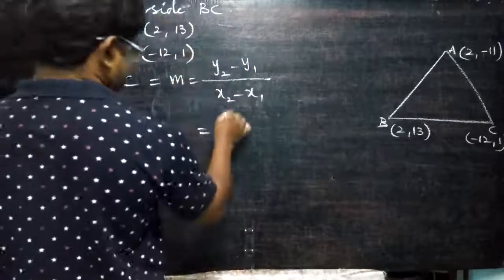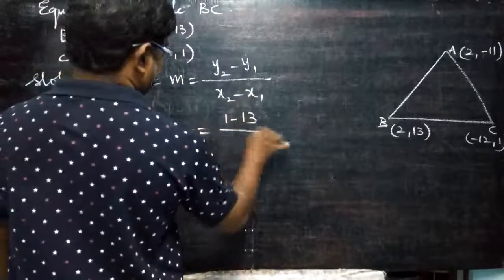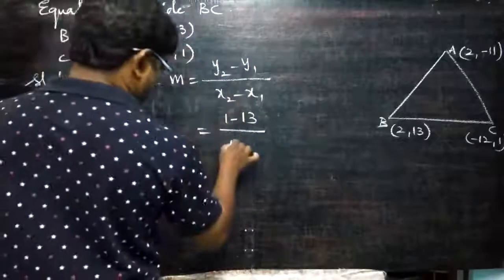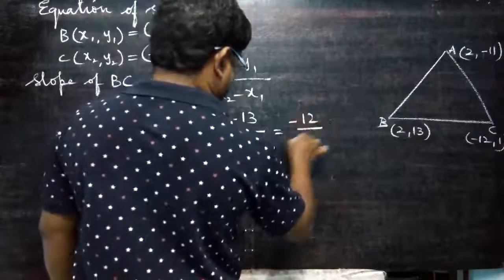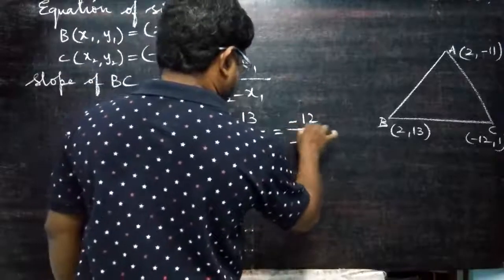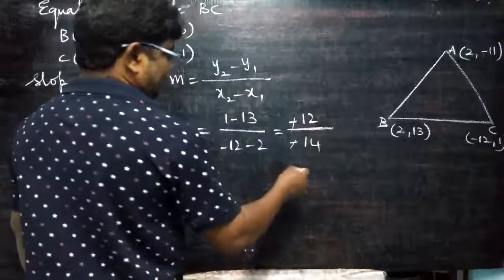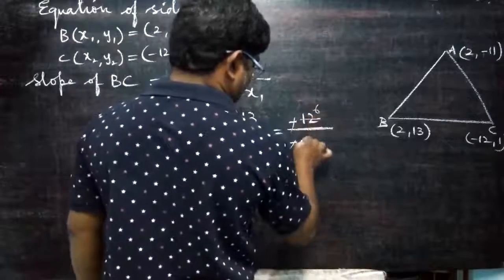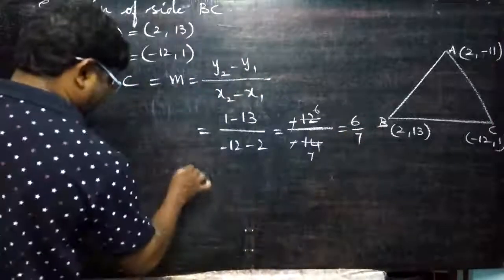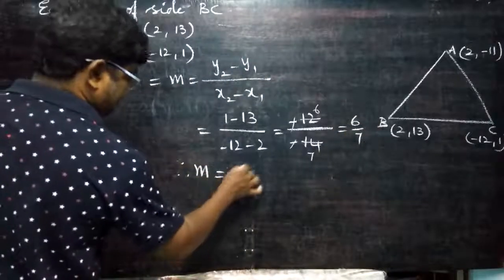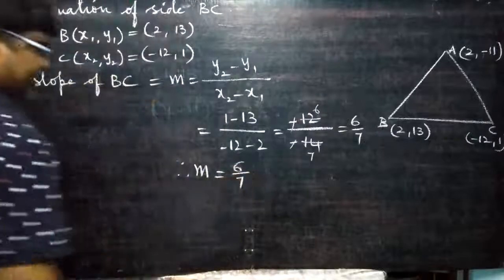So (1 minus 13) by (-12 minus 2), that is equal to minus 12 by minus 14. Minus minus get cancelled. 2 goes 6 times, 2 goes 7 times. So m is equal to 6 by 7.